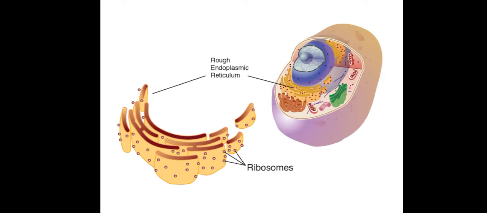Also, the endoplasmic reticulum helps in the transportation of hormones or any other substances within the cell, not outside the cell. Within the cell, if any substances have to be transported, it will be done by the endoplasmic reticulum.